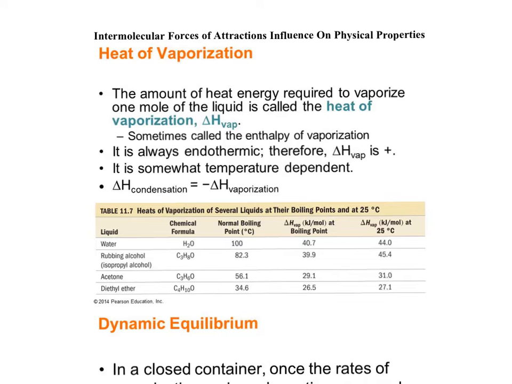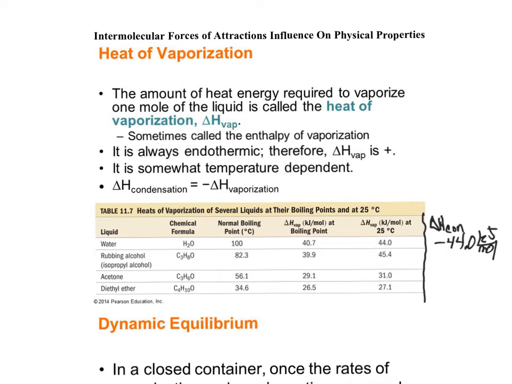So let's look at this. For water, the delta H of vaporization is 44 kilojoules per mole. The delta H for condensation, so if I go ahead and write this, I could put another little column in here. I can say delta H for condensation is minus 44.0 kilojoules per mole.